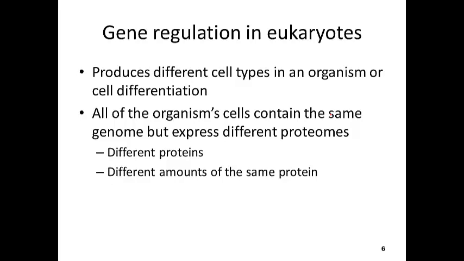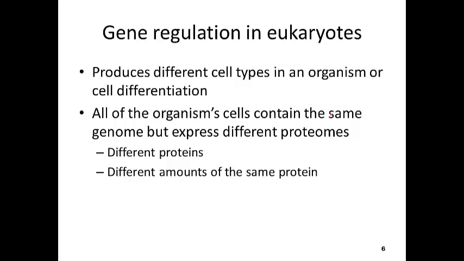Now in eukaryotes, it's very different because it's not so much about metabolism. Bacteria live to eat in order to get enough energy to reproduce. In eukaryotes, when we talk about gene regulation, we're really talking about cell differentiation as the major point of control.